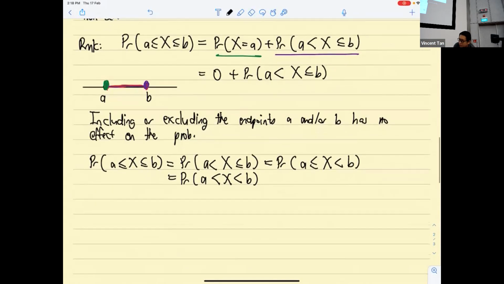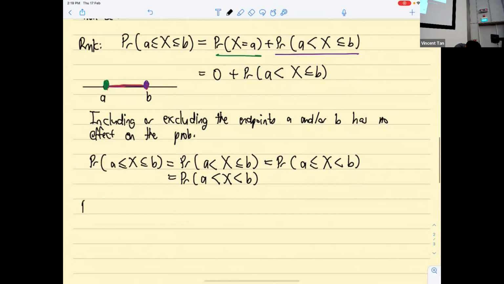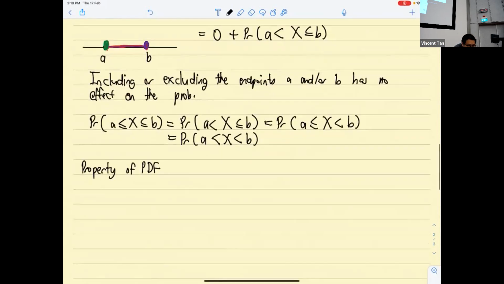All right. So we don't really need to include the endpoints to get the same probability. Here's another property of the probability density function, a very natural probability property. Now, clearly we know that X is a real number. So it cannot take on infinity.